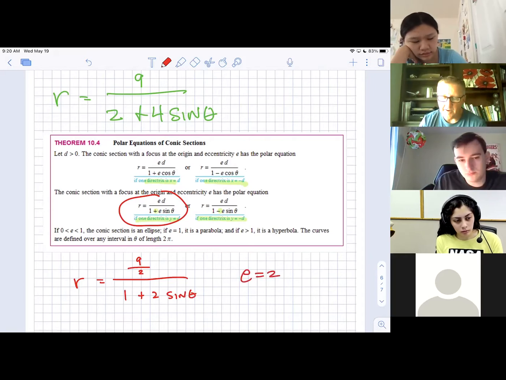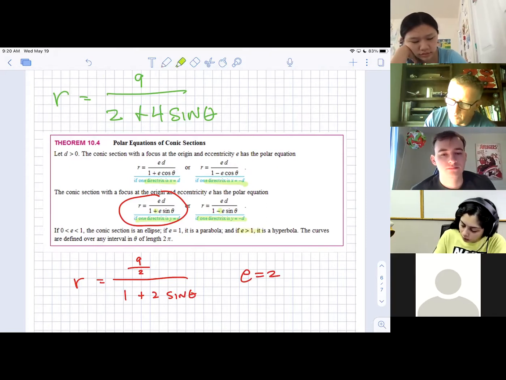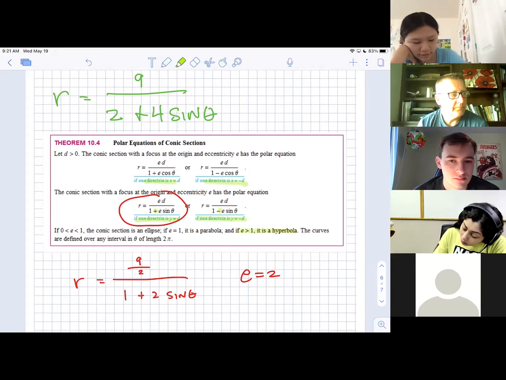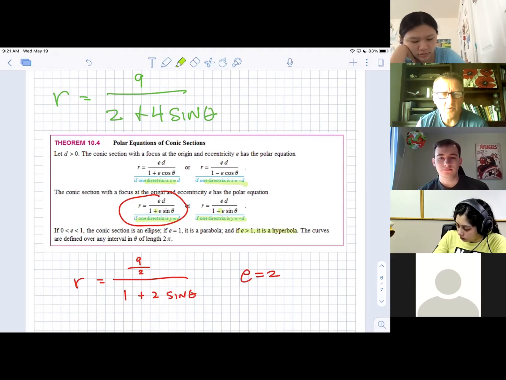Well, now you know something, right? If E is greater than 1, it's a hyperbola. So this is a hyperbola. That's kind of fun. And you could know where the directrix was if you wanted to, if that was part of the question.